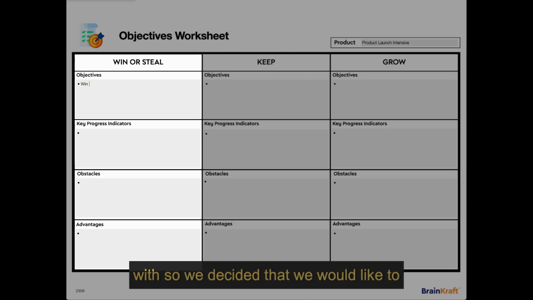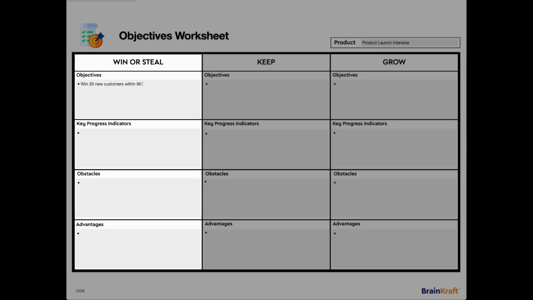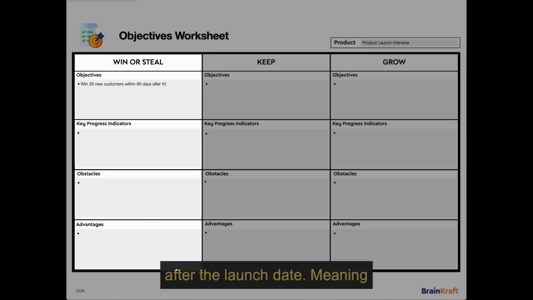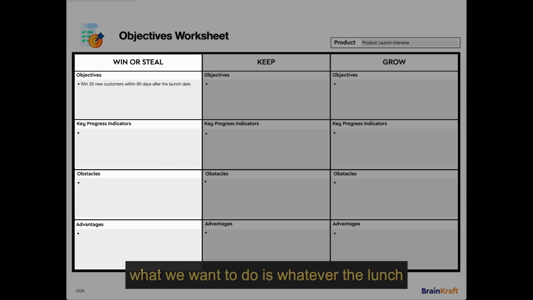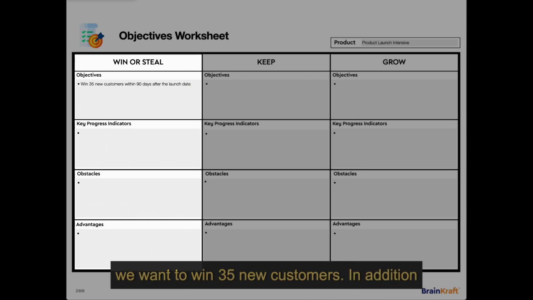After our discussion, we decided that a good win objective is to target winning 35 new customers within 90 days after the launch date. Meaning, from whatever launch date we defined, within 90 days, we want to win 35 new customers.